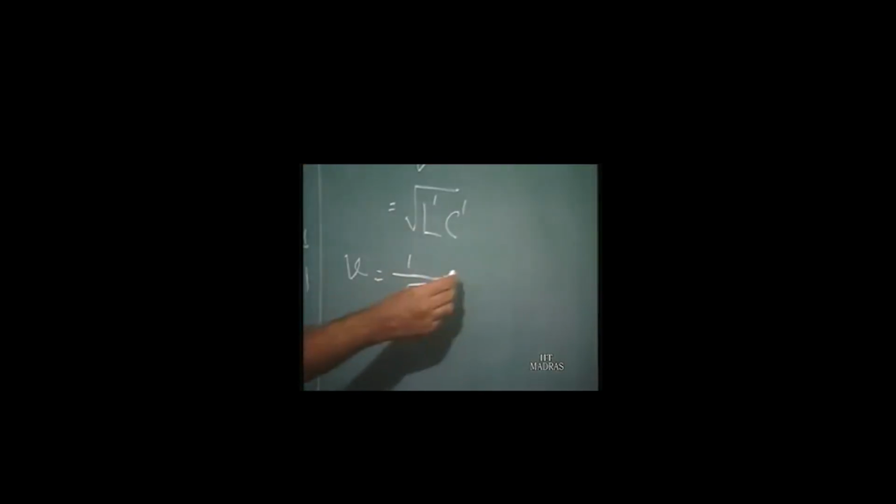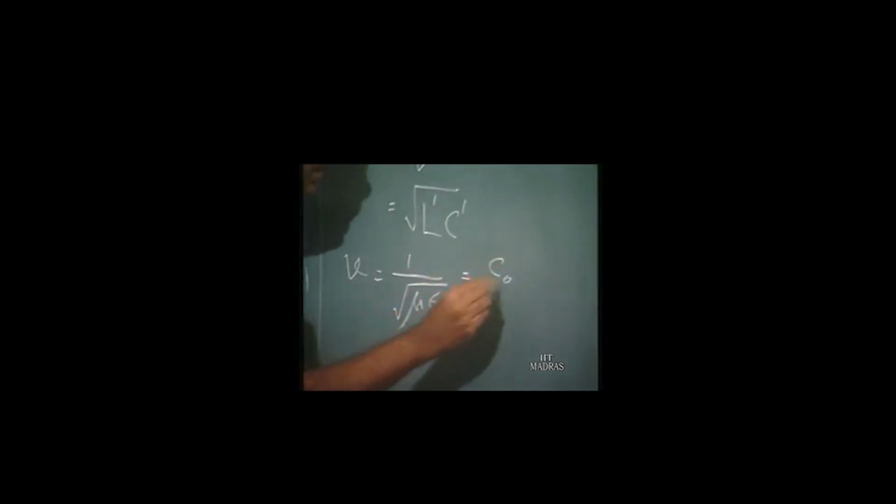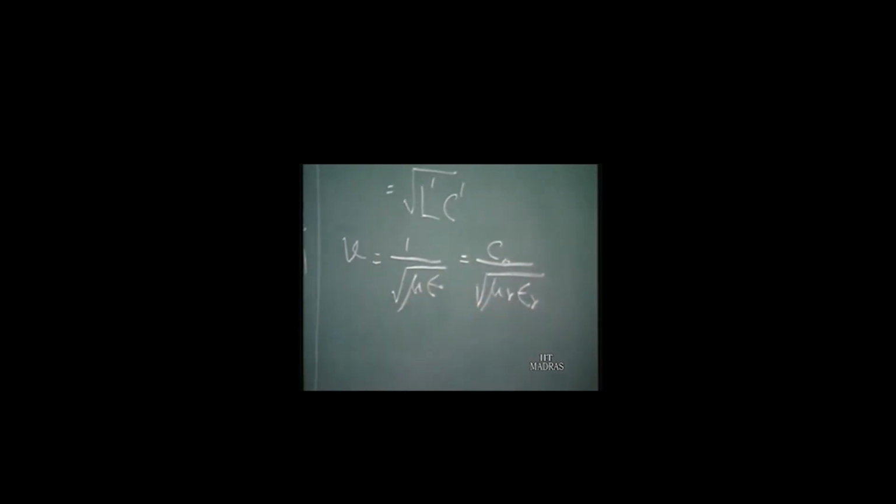This can also be expressed as c naught by root of mu r epsilon r, where c naught is the velocity of light in vacuum, mu r is the relative permeability, and epsilon r is the relative permittivity of the intermediate space between the two lines.